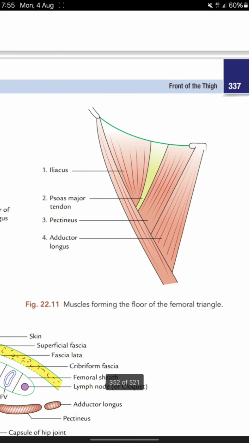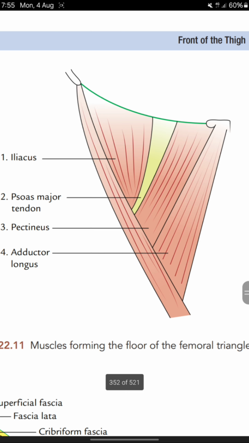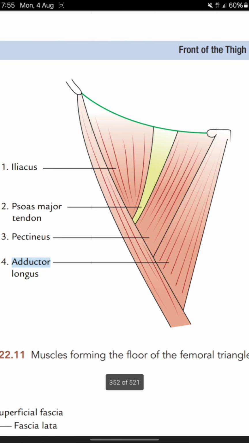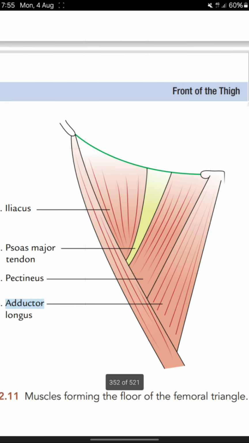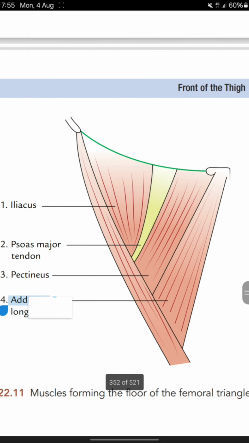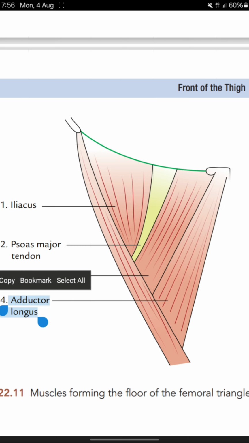The floor of the femoral triangle is formed by four muscles. One important thing: the adductor longus muscle, its medial border forms the boundary of the femoral triangle, but it also forms the floor of the femoral triangle. But the same thing is not true for sartorius muscle. So you should remember this.